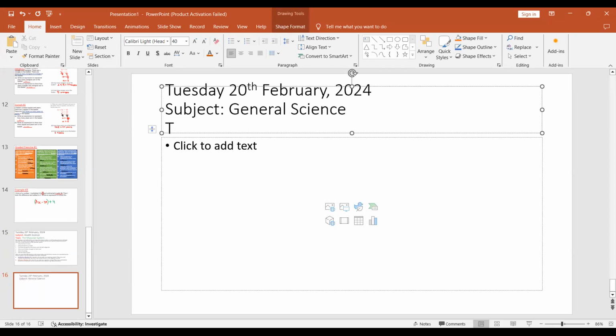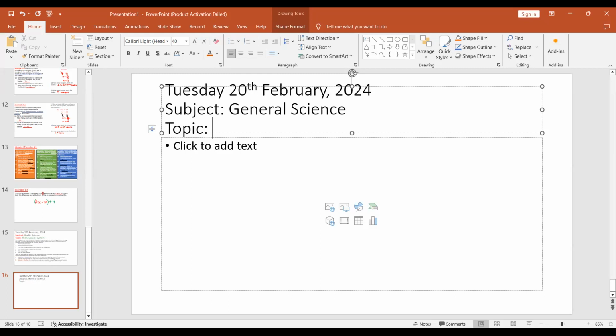Can anyone remember the last thing we did in general science? We were talking about the differences between physical and chemical changes. What did we say is the main difference between a physical change and a chemical change?